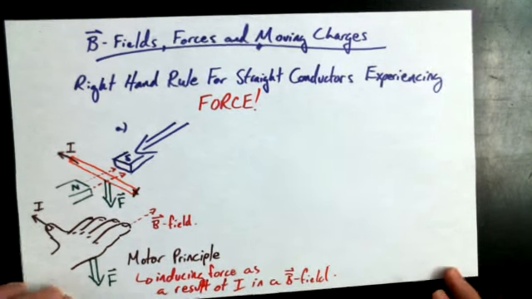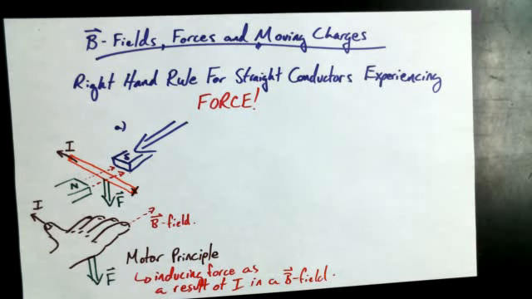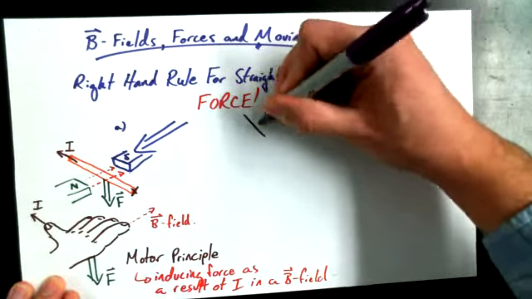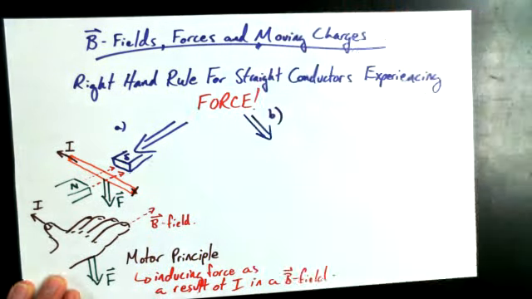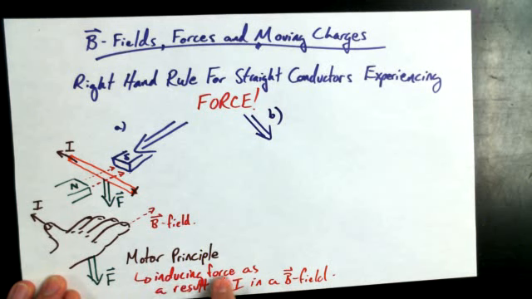Now, if it's possible to induce a force by placing a current in a magnetic field, you might ask, is it possible to somehow change the chain of causation? I can cause a force by letting a current flow in a magnetic field.